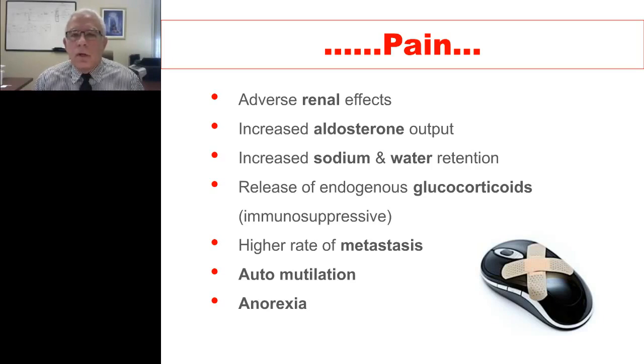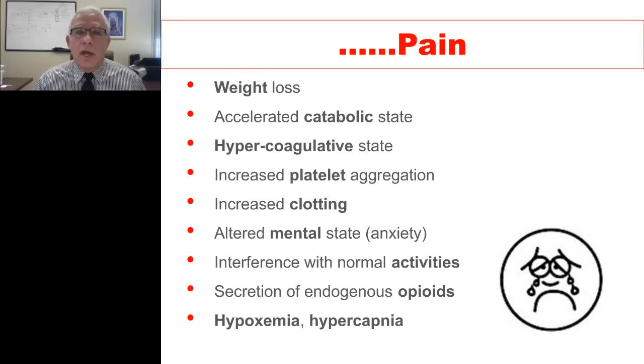Many of our studies are highly dependent on the immune system, and these glucocorticosteroids that are released have an effect on the immune system. And of course, for cancer surgery programs, it has a higher rate of metastasis and leads to mutilation and anorexia of the animal. The animals will lose weight, and immediately post-op, animals enter into what's called a catabolic state.